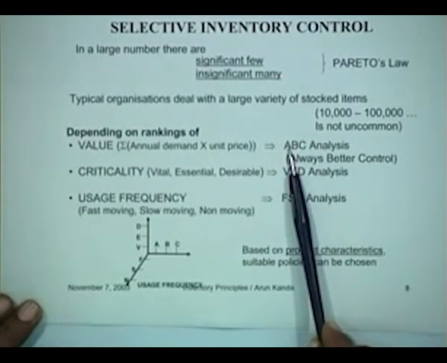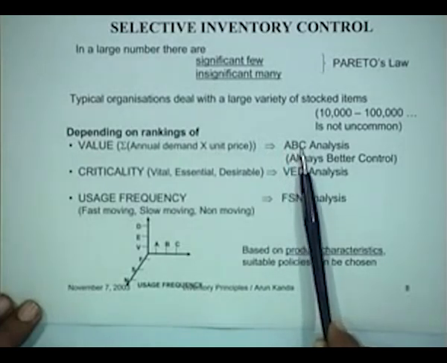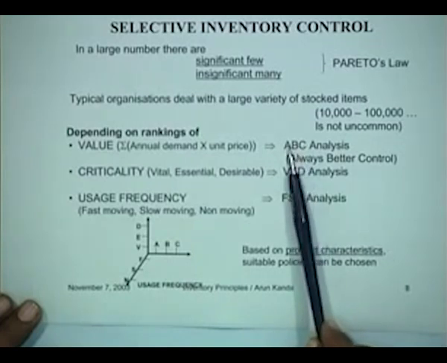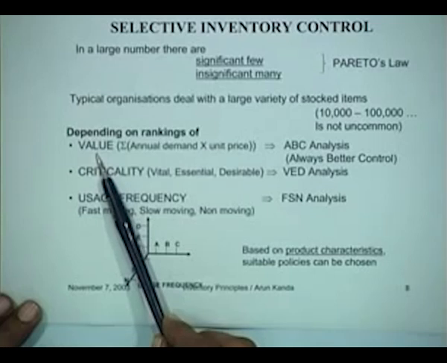A class items are the ones which are most important, B class are less important, and C class items are the least important, and this importance is determined to a very large extent by the annual value of the item.